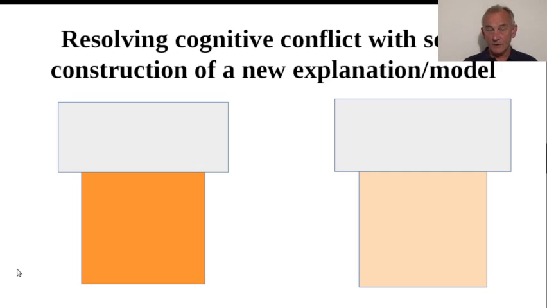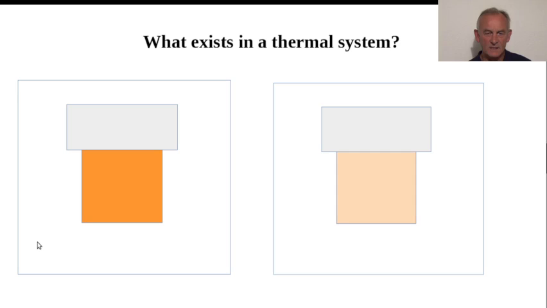This is where I would give out these laminated sheets, so that the students can use board markers on the acetate sheet to actually add their ideas as to what's going on. At this point, we would scaffold them to say that, well, okay, what exists in a thermal system?